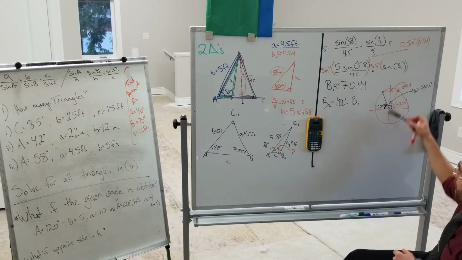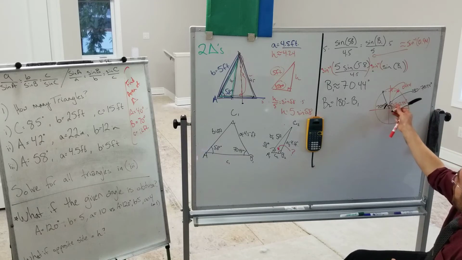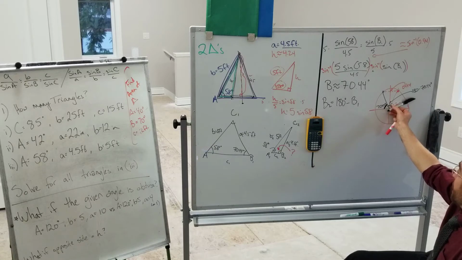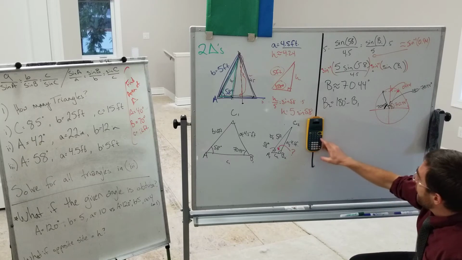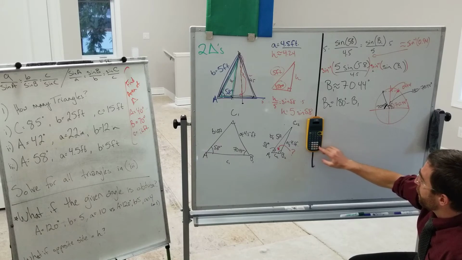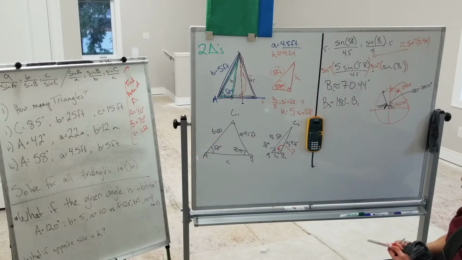Right? Because sine is the y value. Whatever angle gives you a sine here, 180 minus that is going to give you the sine there. Okay. So now 180 minus 70.44 gives us 109.56.